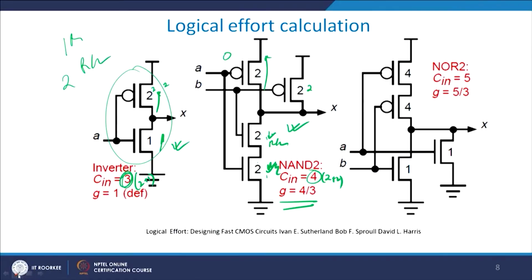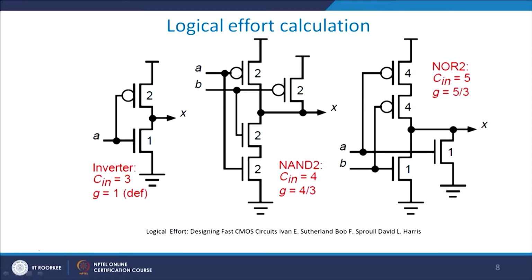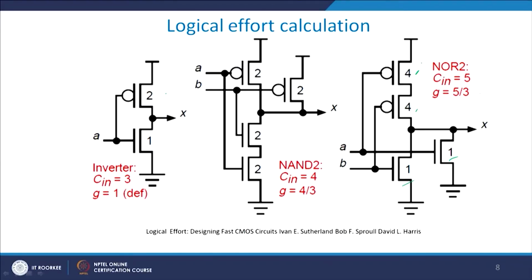For a NOR 2 logic things change slightly. Why? Because for NOR 2 logic, if you want to compare this with this, then for pull down I can afford to be 1 because both are in parallel. So each one of them is 1, no problem, but in the pull up I require this to be 4, because then only it will become R by 2, because this is already 2.